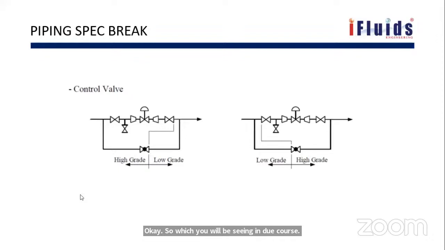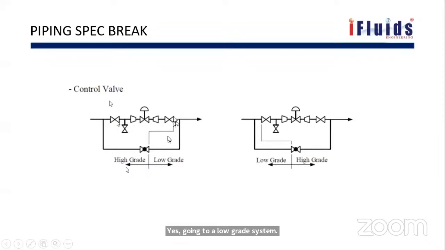So now we'll see examples of piping spec break. So here you can see there is a boundary line. This is of higher grade, this is of lower grade, because this high grade material is going to a low grade system.